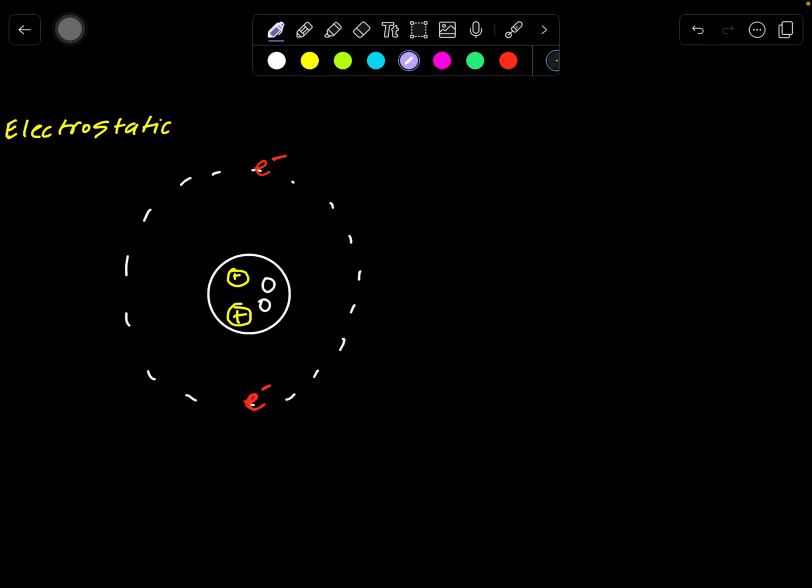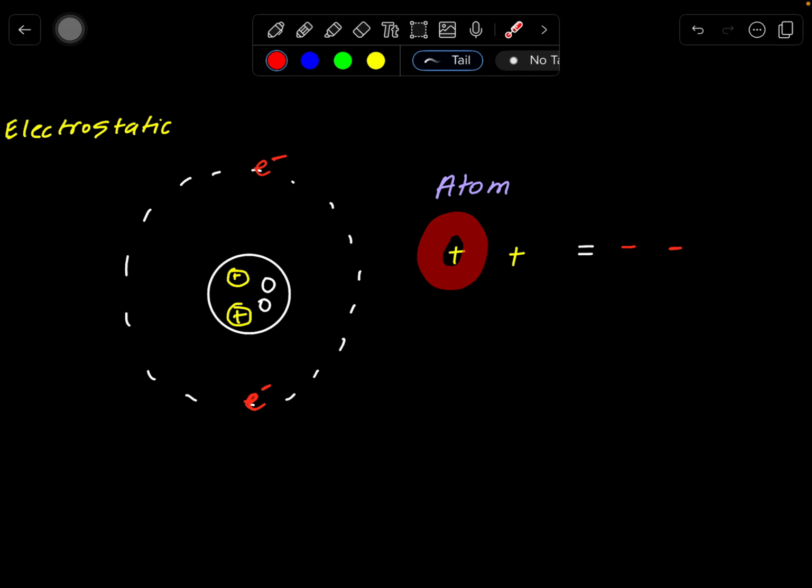This is an atom. The number of positive charges, which are protons, is equal to the number of negative charges, which are electrons. Now, the positive charge cancels the negative charge, leaving an overall charge of 0. So the atom is neutral.